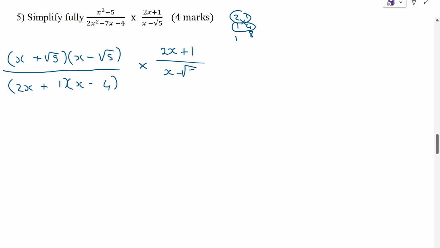Okay, so we factorize as much as we can, and we can see straight away x minus 5, x minus 5, these cross cancel each other out. 2x plus 1, 2x plus 1 there. Okay, so now this equation is looking a lot more simple. So we're left with x plus root 5 all over x minus 4. And we can't simplify further, so that's our final answer.